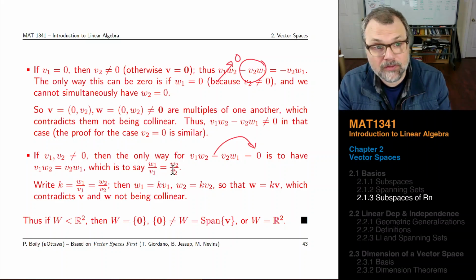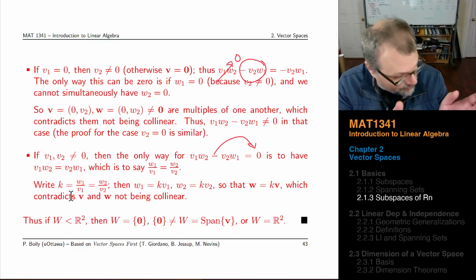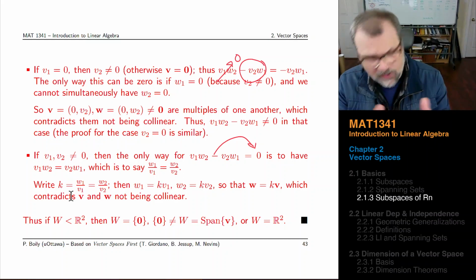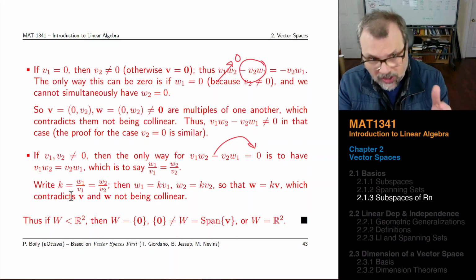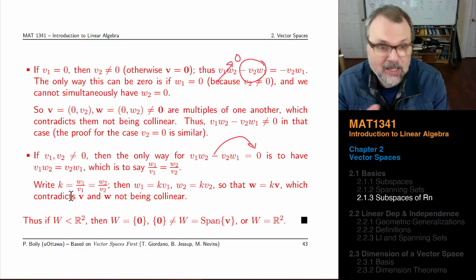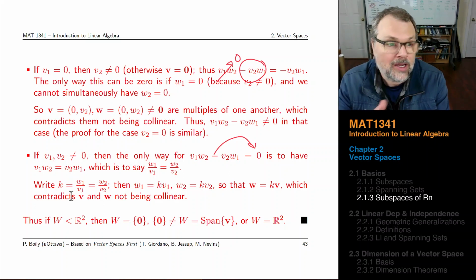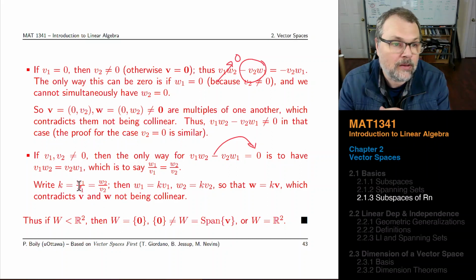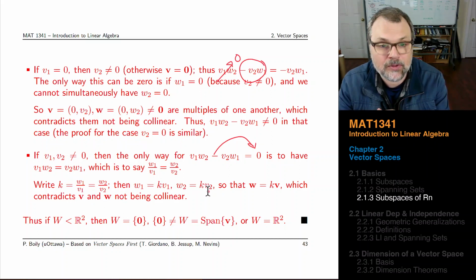Now, if both of these quantities are exactly the same, we can call them K, give them a name. And this is a fixed quantity, right? Because V is known, W is known, V1, V2, W1, W2, they're known, they're fixed quantities, even though we don't actually know what values they take. In that case, you would write W1 as K times V1 by literally multiplying both sides by V1, and W2 as K times V2.